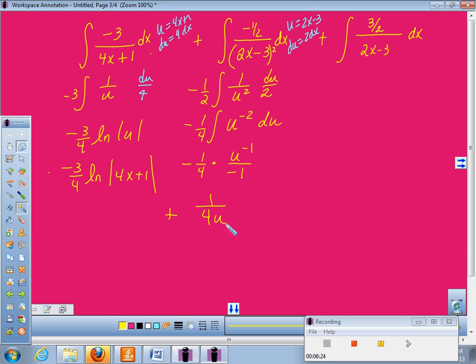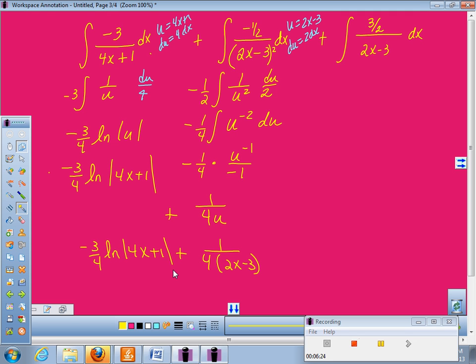I'm just copying this other one down so they're all on the same level. And last but not least, this third one is short and sweet. Are we getting to the point where we can see where it's going to go without having to use sub the whole thing? 3/2 is going to go up front. That's going to end up being 1 over u.